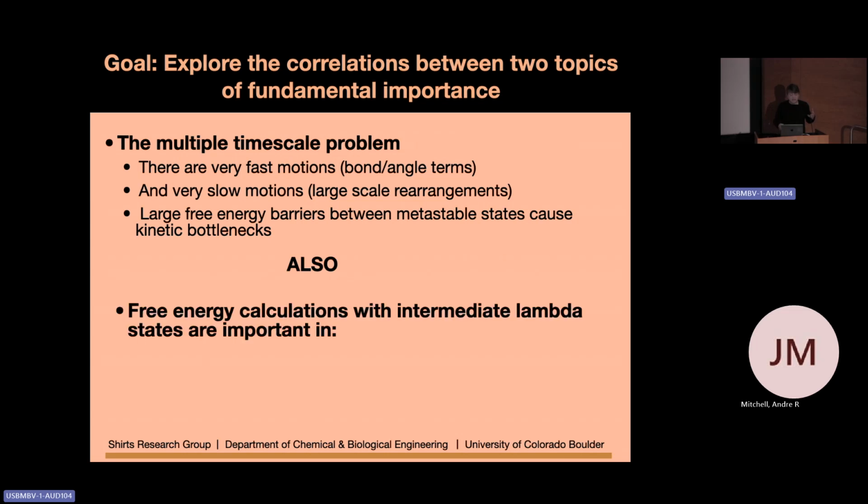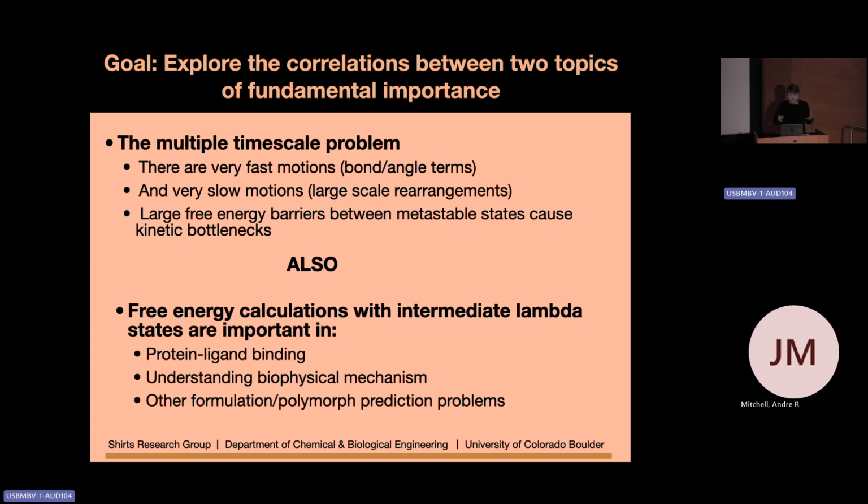But one thing we also do is we're running free energy calculations with intermediate lambda states in many of the things we're doing: protein ligand binding, understanding biophysical mechanisms, and other formulation polymorph prediction problems. We're running a lot of these free energy calculations. So how can we use some of these concepts to improve this problem?